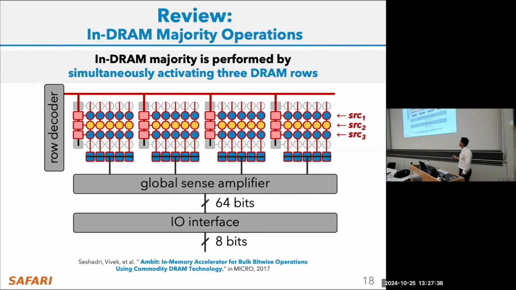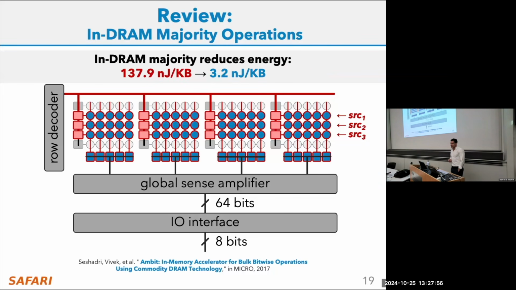Since we have a differential sense amplifier as the local sense amplifier, it is going to pull the voltage to the majority of the voltage levels in the 3 DRAM cells themselves. In this case, the majority of blue, yellow, and blue is blue. So by doing in-DRAM majority operations like this, we can significantly improve the energy efficiency of in-DRAM Boolean operations compared to a baseline CPU.